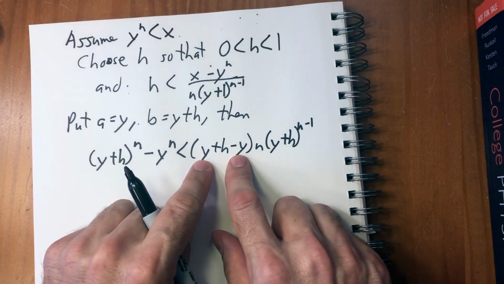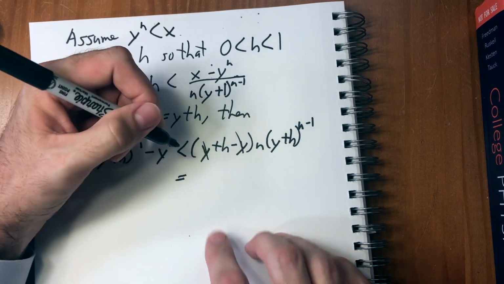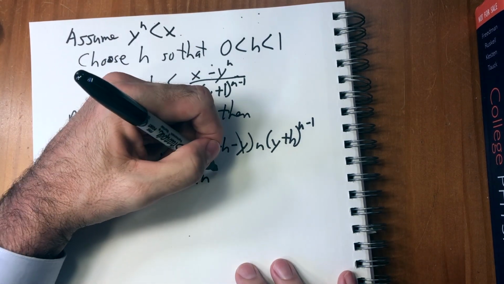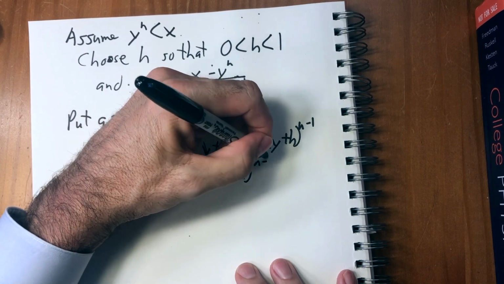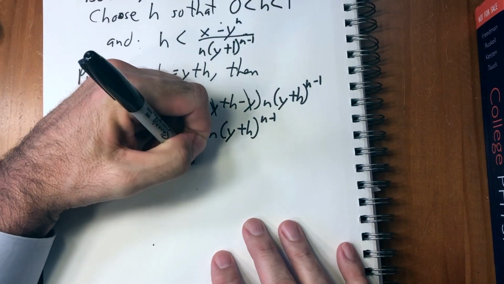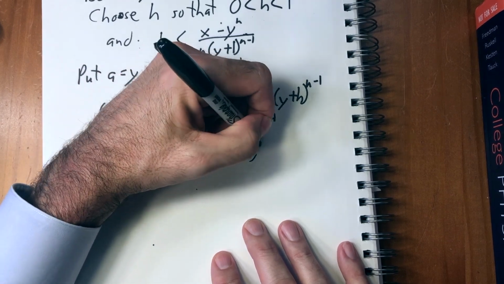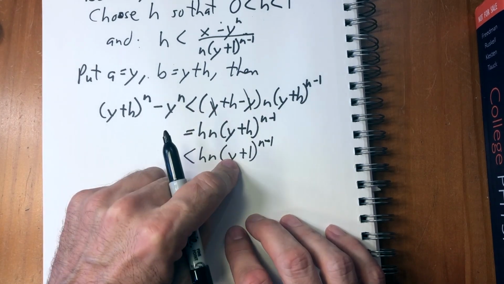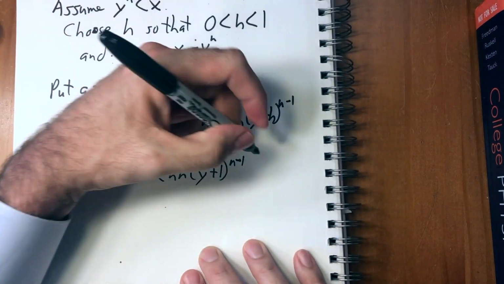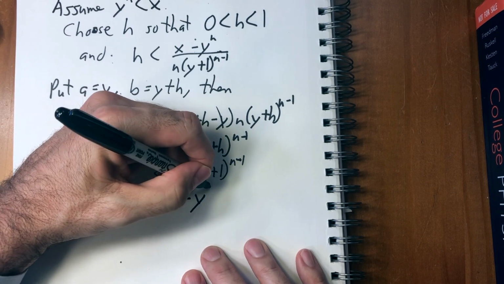So obviously the two y's are going to cancel, and we have that equals h times n times (y + h)^(n-1), which is less than hn(y + 1)^(n-1), because h is less than 1, so this is going to be bigger than that, which is less than (x - y^n).